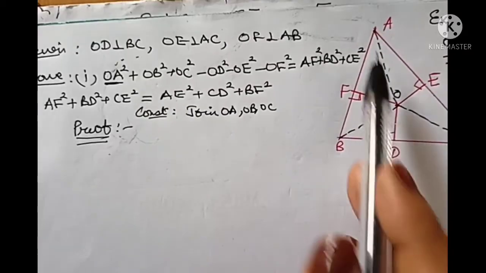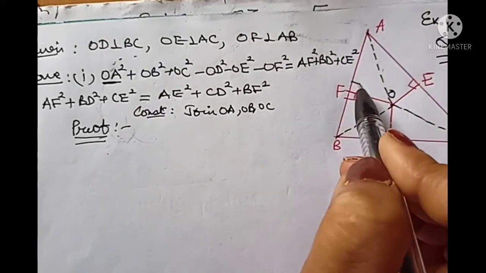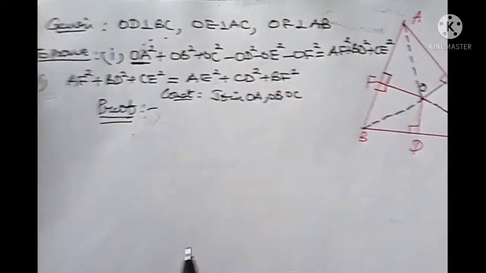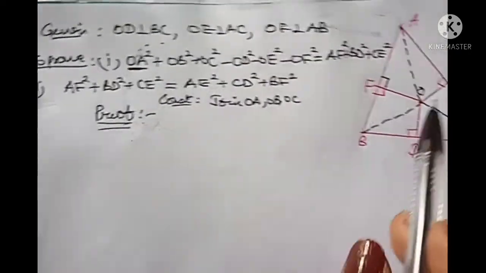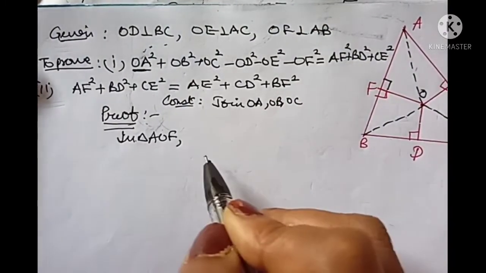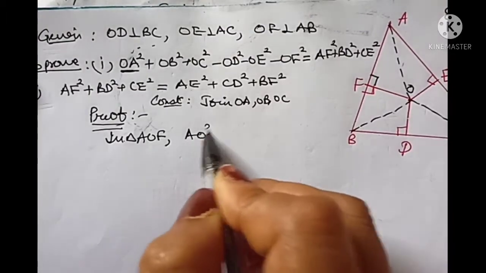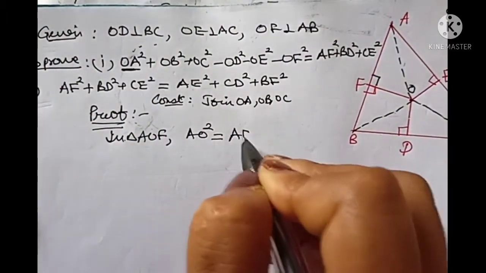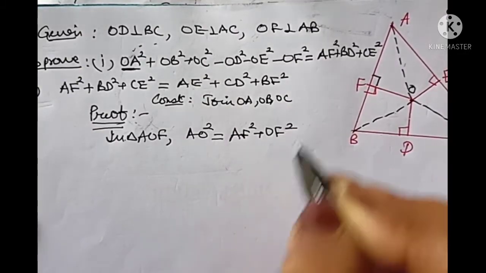Now OA square comes in this triangle. We may use triangle AOF or triangle AOE. So I am considering triangle AOF, since angle F is 90, may I say that AO square is equal to AF square plus OF square.